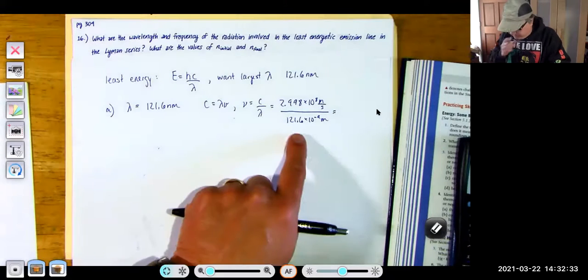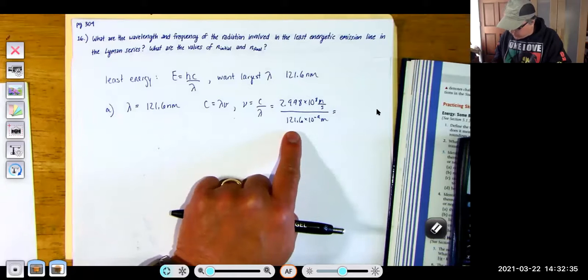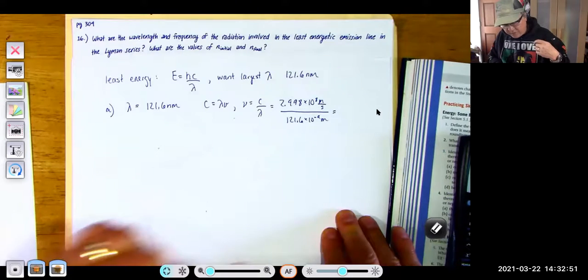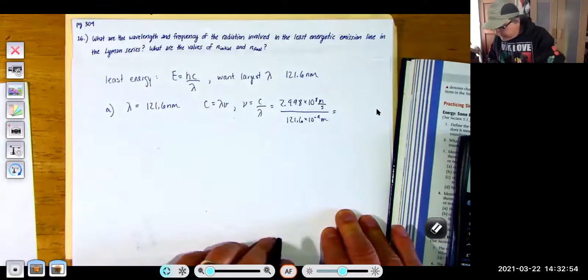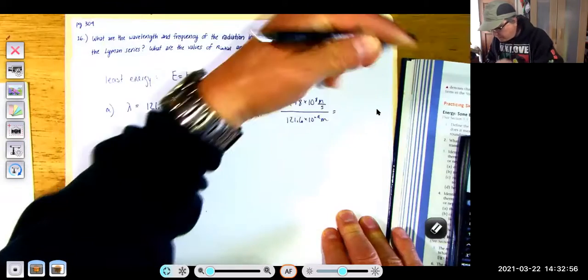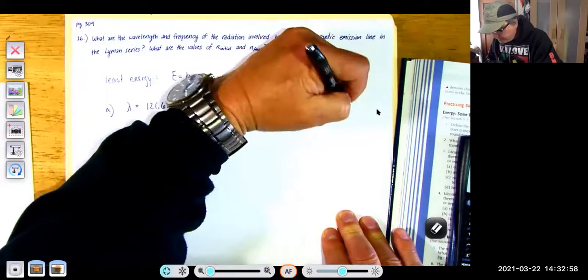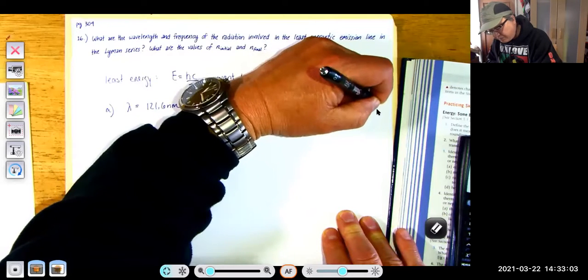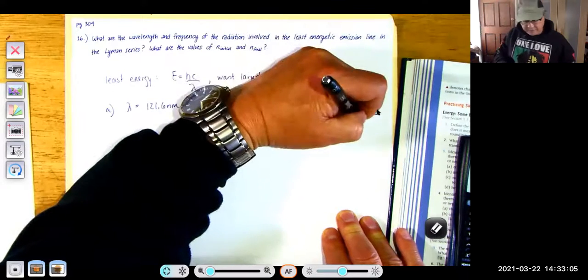Okay, and when we finish this calculation, well, I've got to turn my calculator on, 2.998 EE8 divided by 121.6 EE negative 9. And we get that the frequency is 2.465 times 10 to the 15 per second.